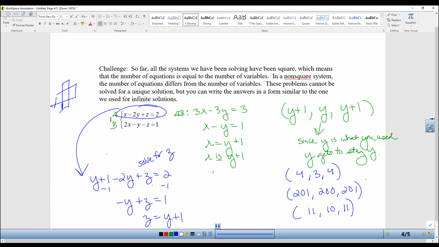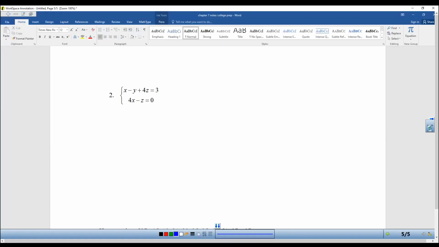All right, let's try one more of those. X minus y plus 4z is equal to 3, and 4x minus z is equal to 0. I already have one that's just 2. So I'm going to get z all by itself. 4x is equal to z. So z is 4x.